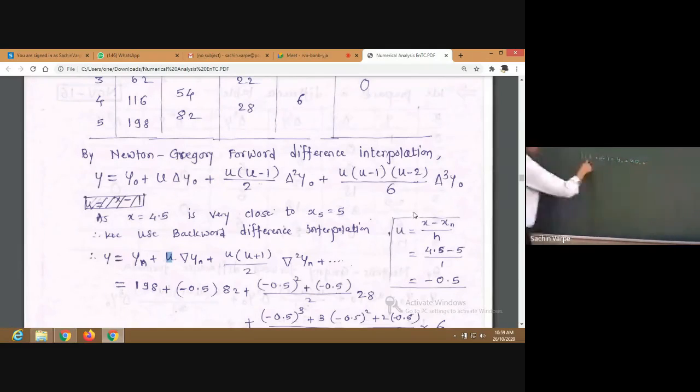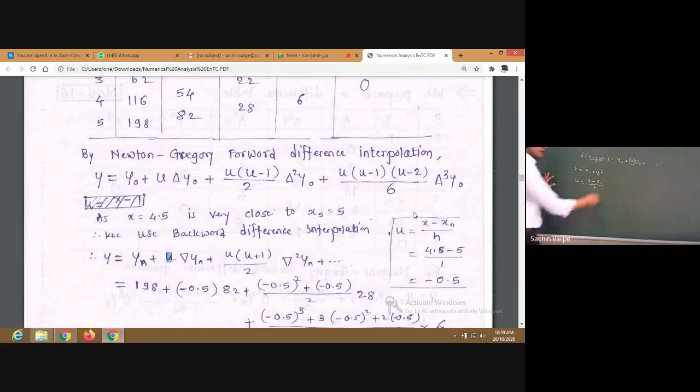So here we have substituted this in terms of x. So when x is equal to xn plus uh, u will be equal to x minus xn by h.